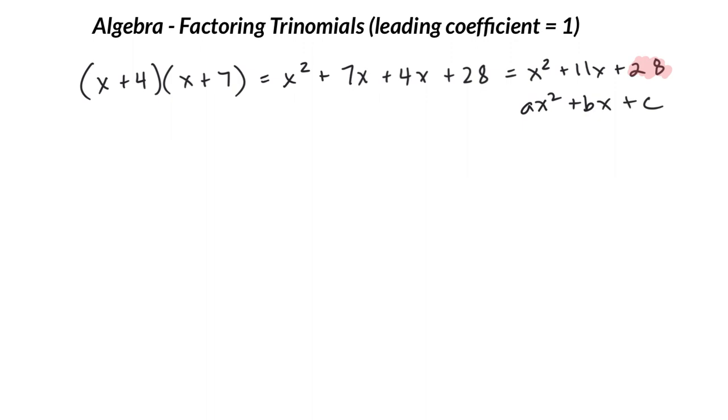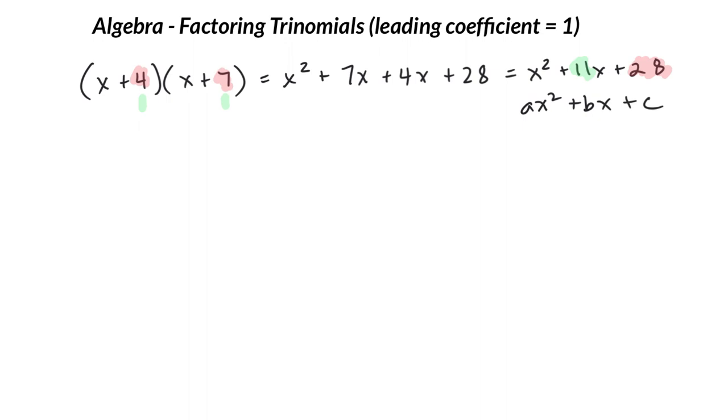But that number 28 is the product of 4 and 7. It's just, 7 times 4 is 28. And 11 is the sum of 4 and 7.